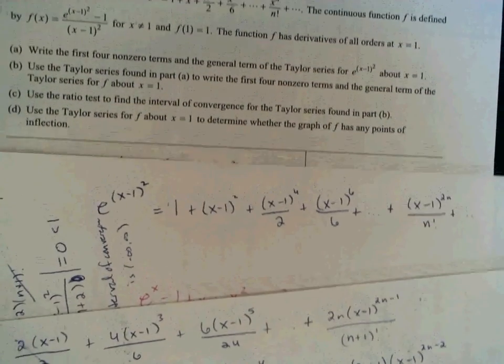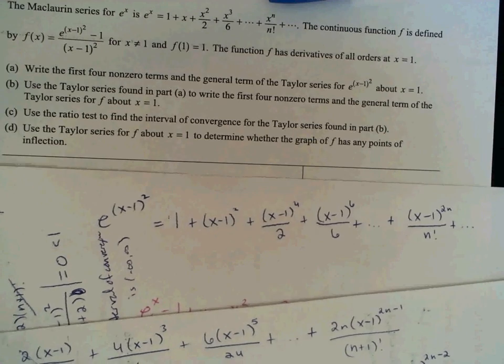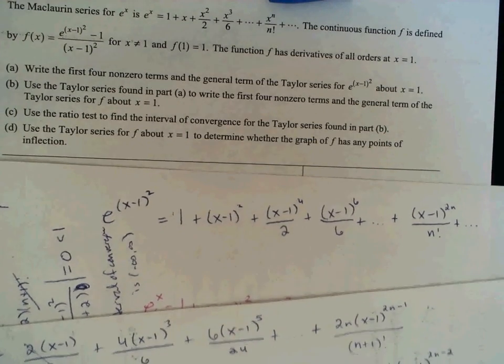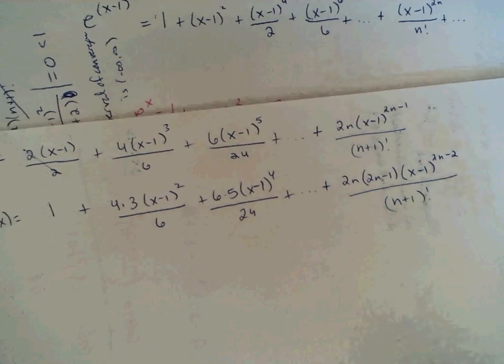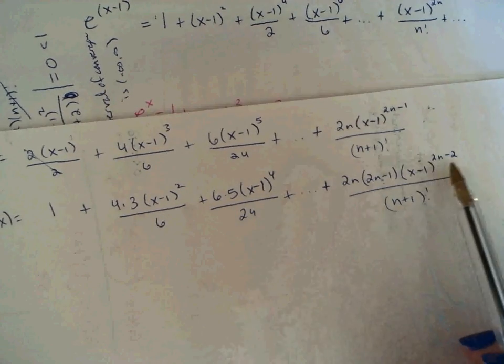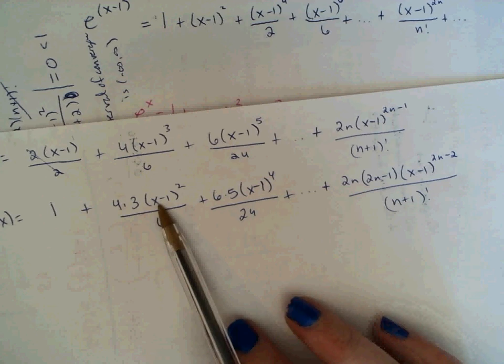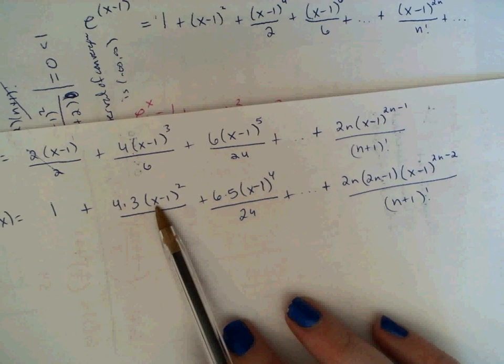Okay, so let me read the question again. Use the Taylor series for f about x equals 1 to determine any points of inflection. So the second derivative, I need to know if it's positive or negative.